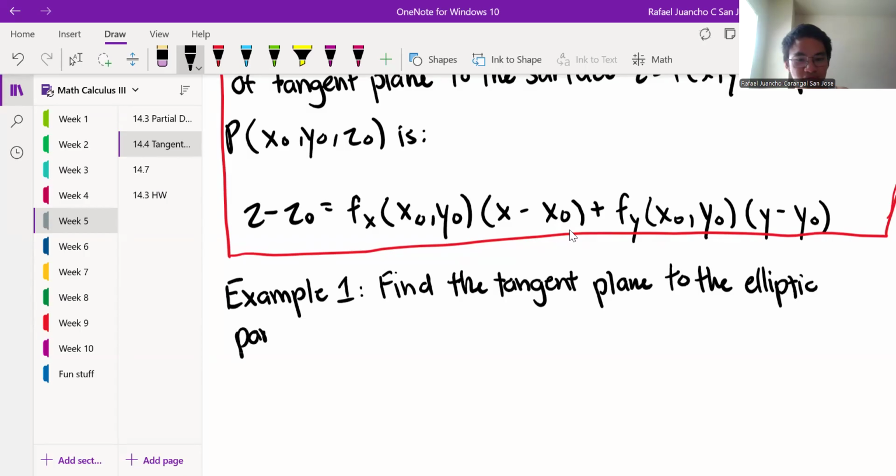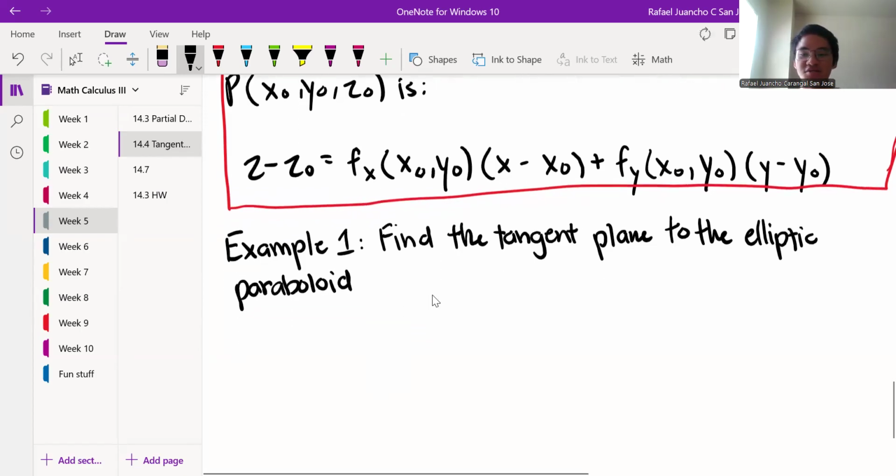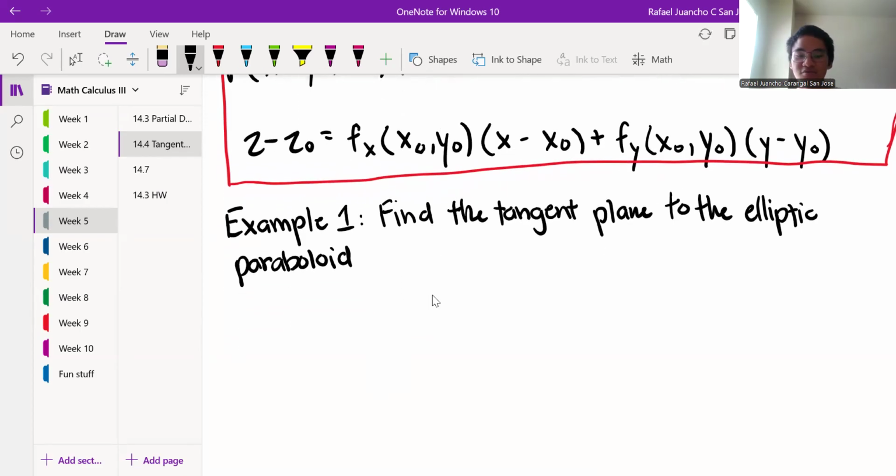And so what do we know about ellipses? Well, they're elongated circles, right? What do we know about parabolas? Well, they're a second degree polynomial. And so we should have an equation like this. Well, it's actually given: z equals 2x squared plus y squared.